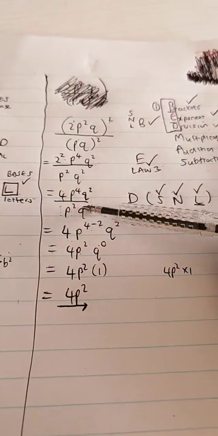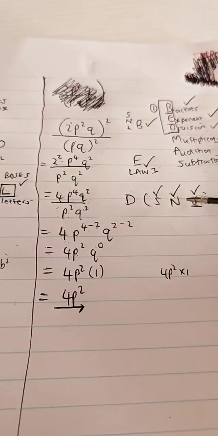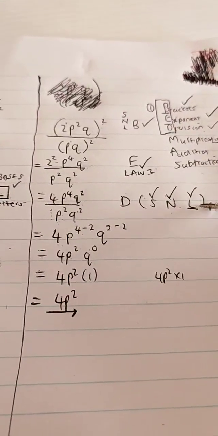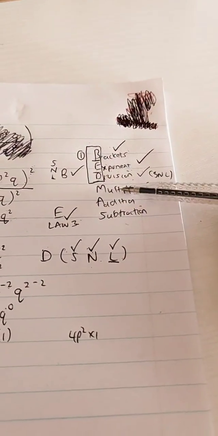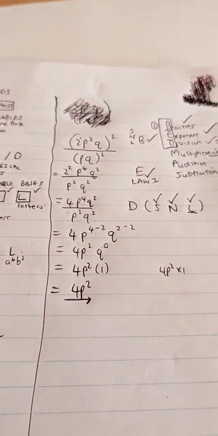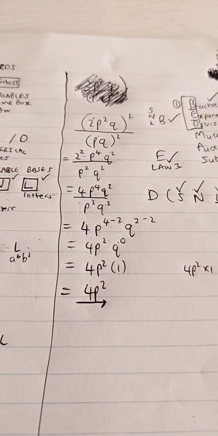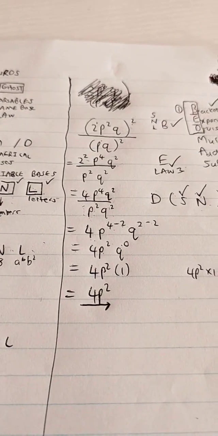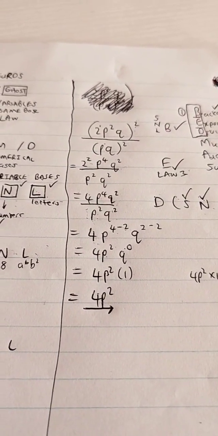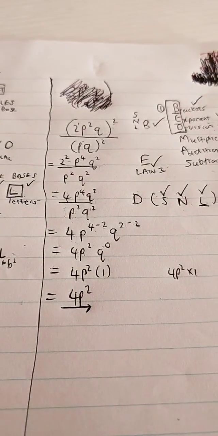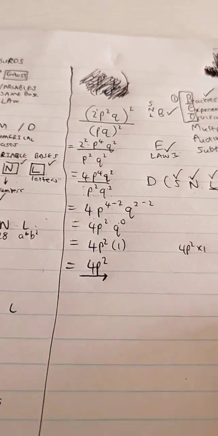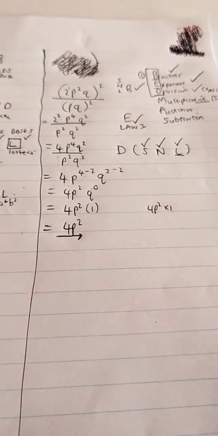Because when I'm dividing, I'm always going to be dividing a sign, a number, and a letter. When I'm multiplying, I'm going to be multiplying a sign, a number, a letter. You see? I hope you guys are with me here. It's so important.